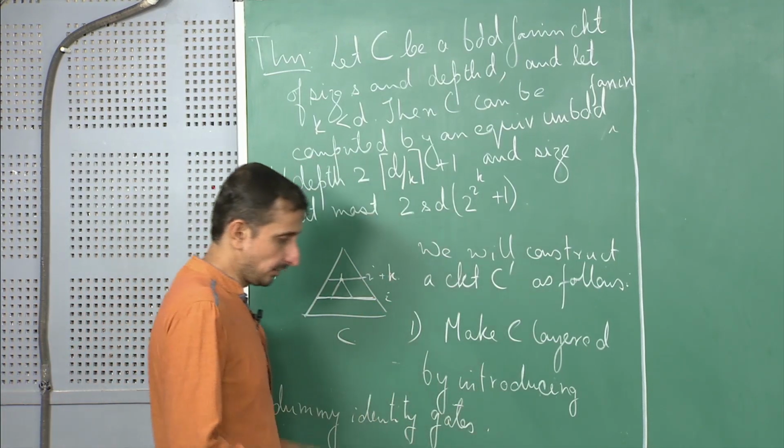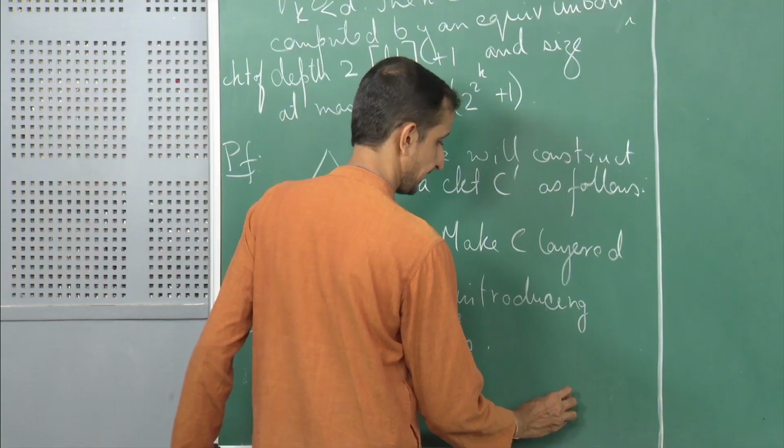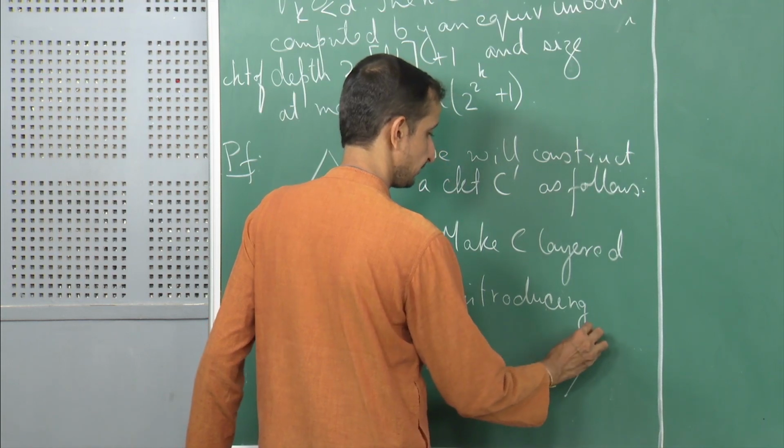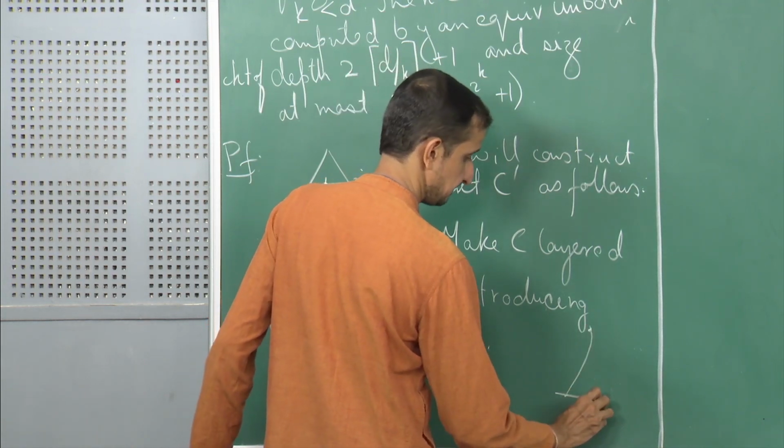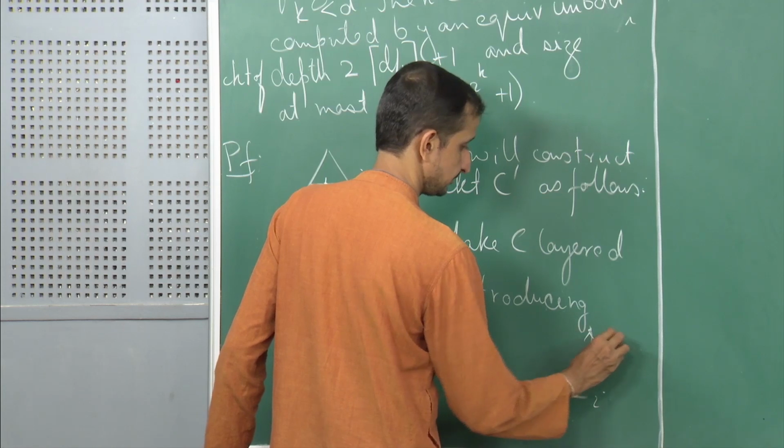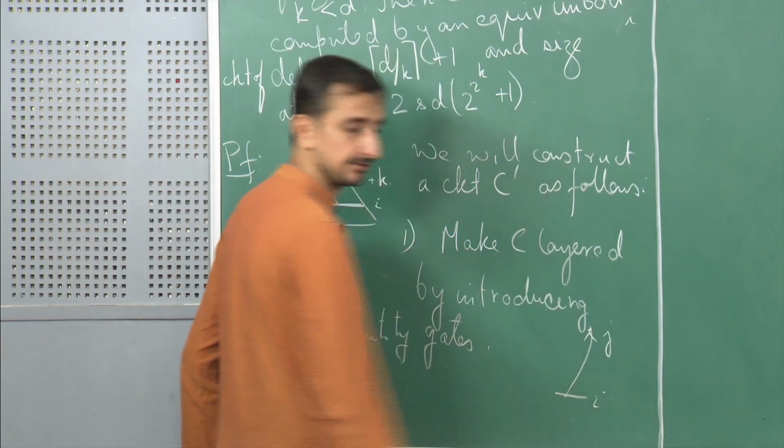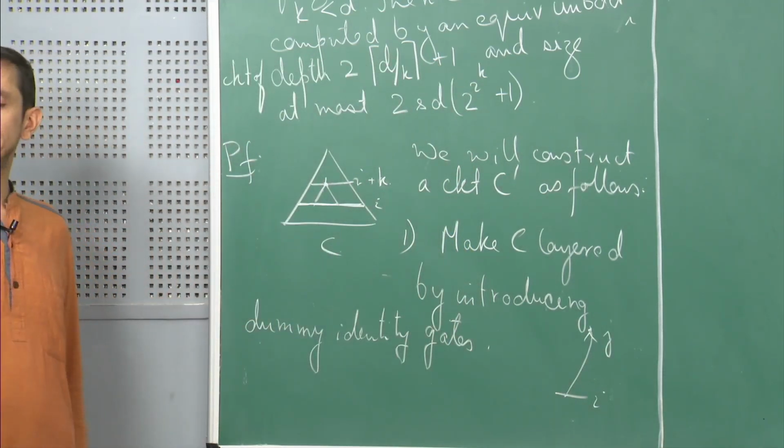Essentially, suppose I have an edge which is going from some layer i to some layer j, and j is greater than i.